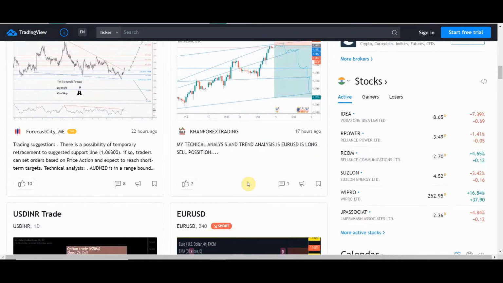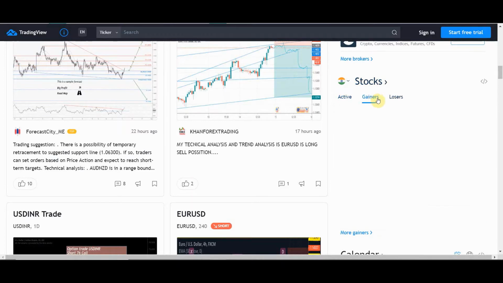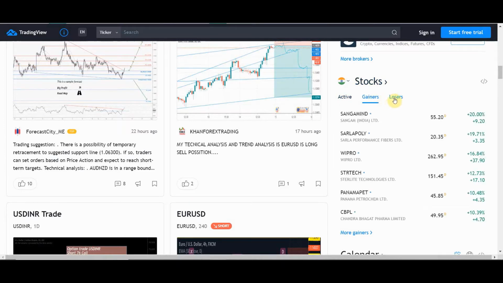On the side we can see stock details like NSE, the most active stocks which can be used for intraday trading, top gainers and top losers.